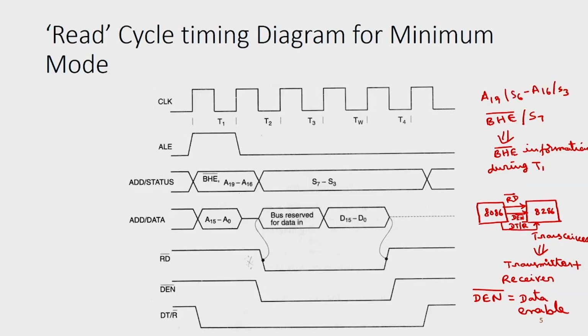So this is bus high enable, which is going to enable the higher order bus of this signal. Now coming to the function of BHE bar and S7. BHE bar, as the name implies, the full form is bus high enable, which enables the higher order 8 bits of the bus.